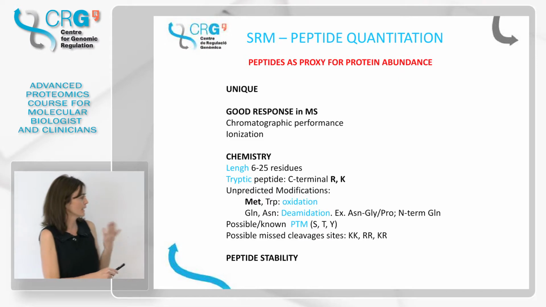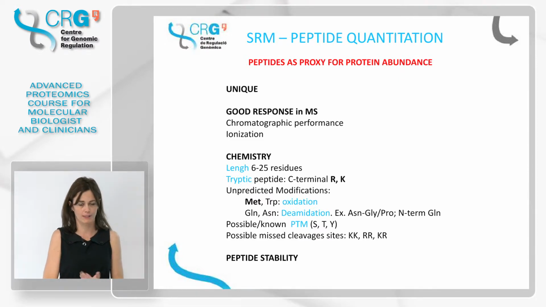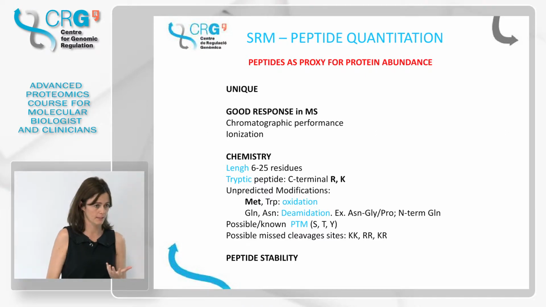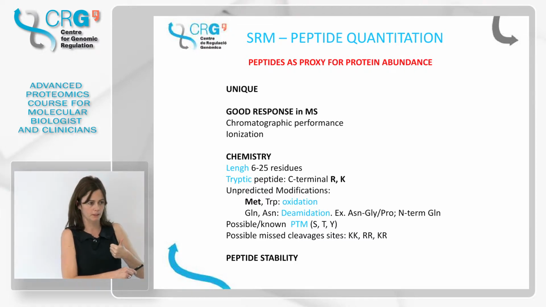There are a number of general rules that were described when SRM started being used in the community, about which peptides are the best. These rules are pretty logical. One is that the peptide has good response in mass spectrometry.